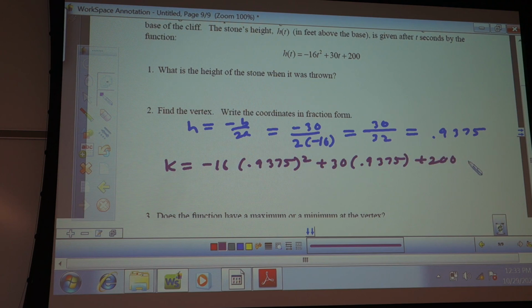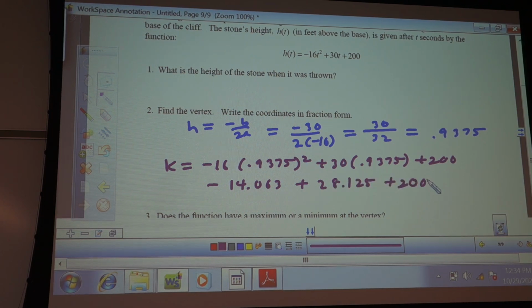Okay, so I'm just going to find that: 0.9375 squared times 16, negative 14.06, three decimals, that seems fine, plus 30 times 0.9375, 28.125, plus 200.